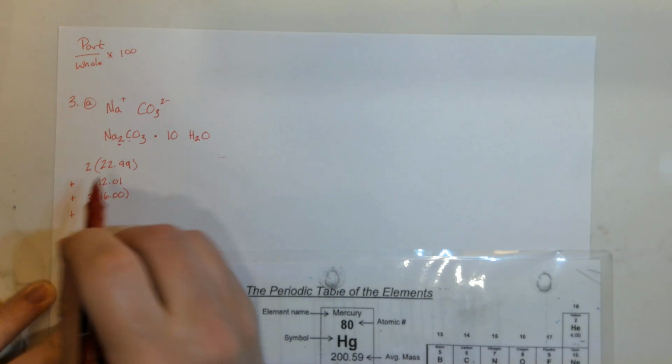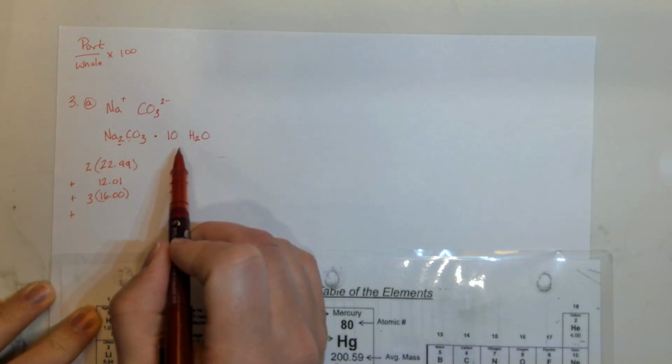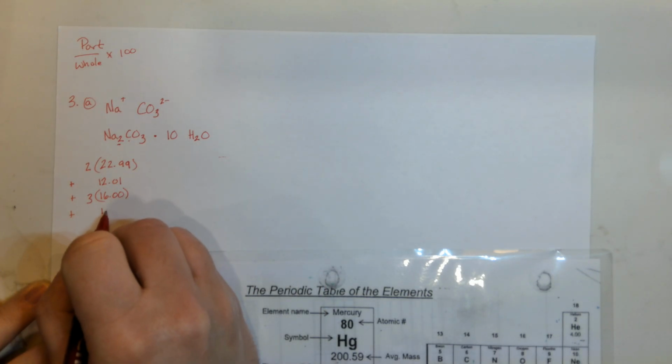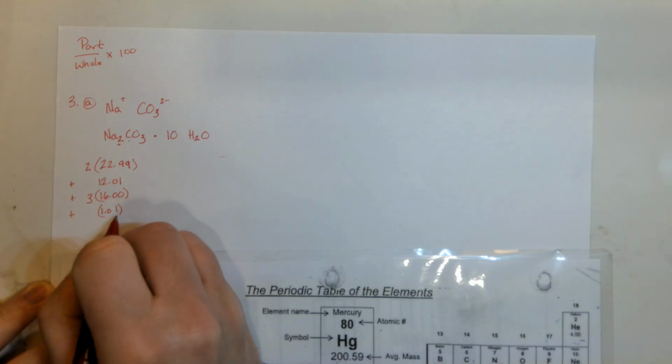And then we'll add, remember this is chemically bound, the molar mass of hydrogen, which is 1.01, multiplied by the number of hydrogen we have. How many hydrogen do we have here? You may have said 2, you may have said 10, but both of those are incorrect.